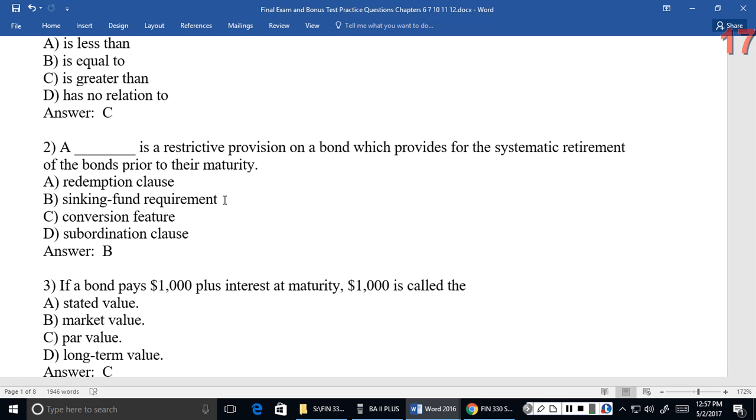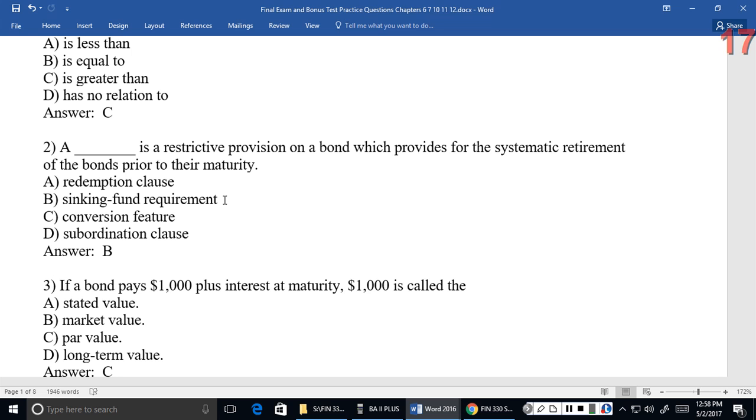And what that simply means is if a company, let's say they issue $30 million in bonds, they don't want to have to come up with the entire $30 million payoff when the bonds mature. So what they may do is retire or pay off a fraction of this bond issue each year.